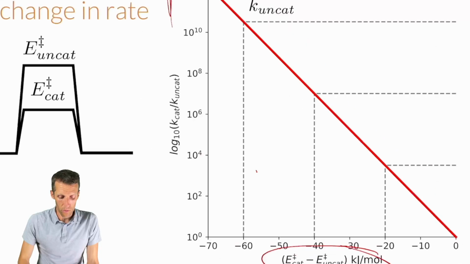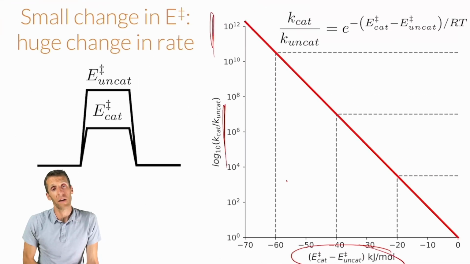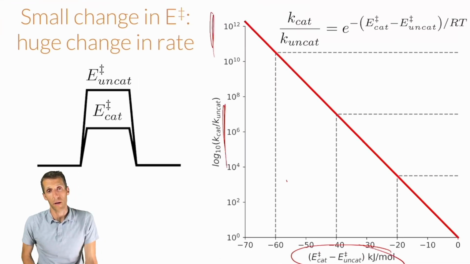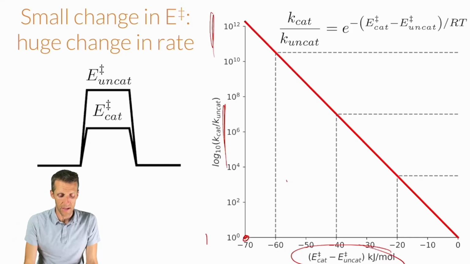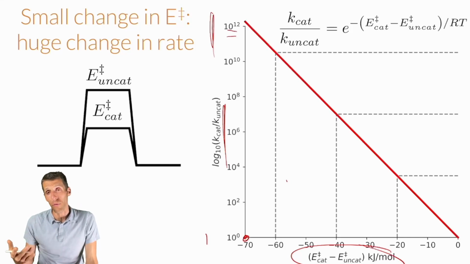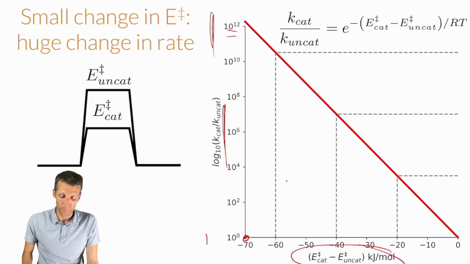And then this is the log 10 of the fold rate speed up. So this starts down here. This is no rate speed up at all. Basically the enzyme is the same, 1 versus 1 relative catalyzed to uncatalyzed. Here it's 10 to the 12th faster. So way faster, a trillion times faster.